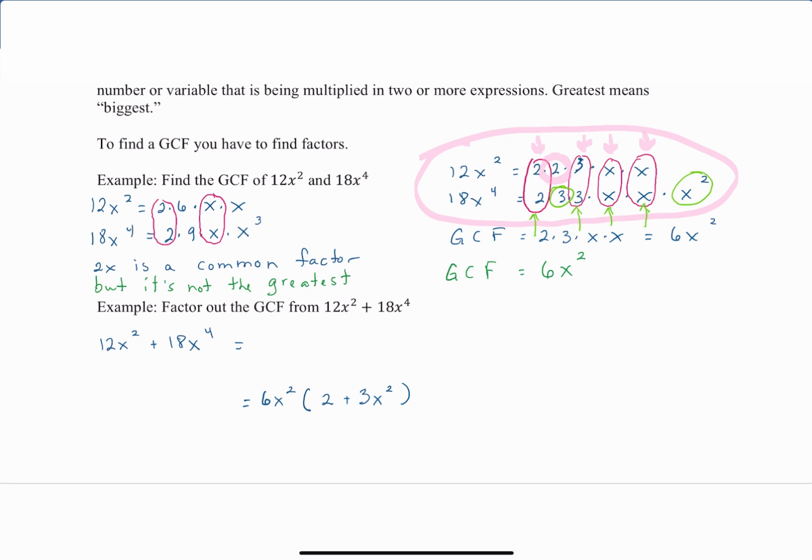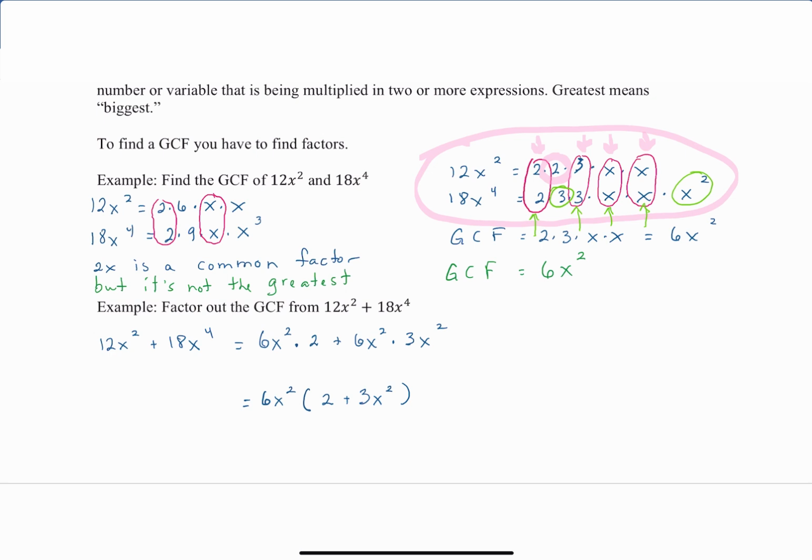Now, the way some people like to do this, and you're perfectly welcome to do this, is to put in an optional step where they first take out the GCF from each of the two things we're dealing with here. So 6x squared times 2 would give me 12x squared, and 6x squared times 3x squared would give me 18x to the fourth.